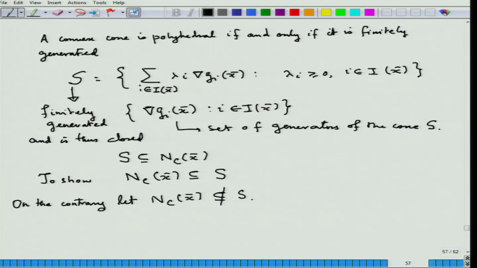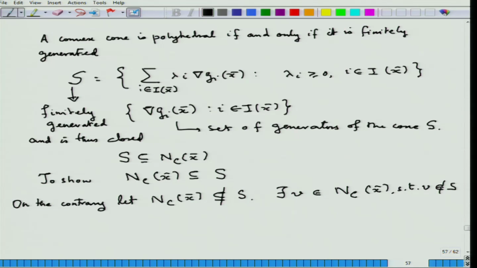Now, if this is not true, then what would happen? There exists a V in NC x bar, meaning every element in V is not an element here. If it is so, then this will be a subset. So, there must be a V in NC x bar such that V does not belong to S.